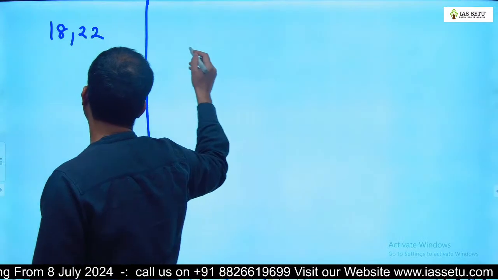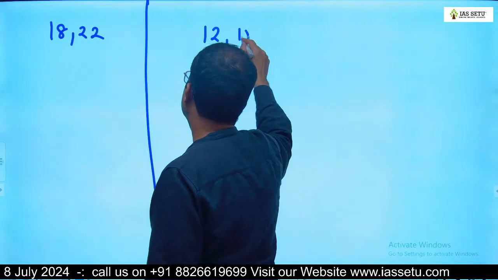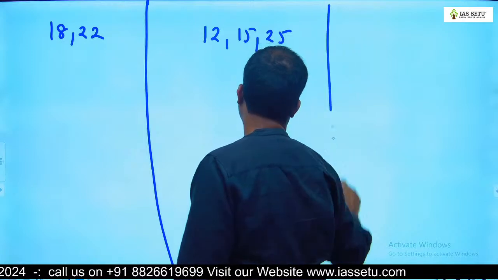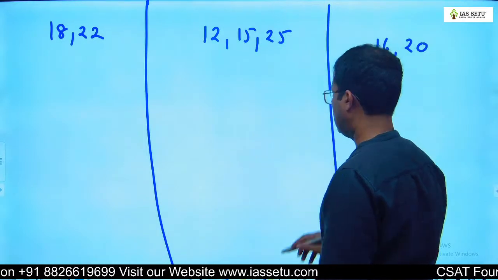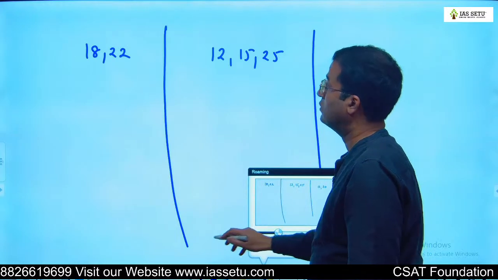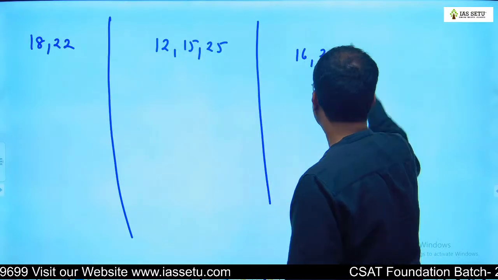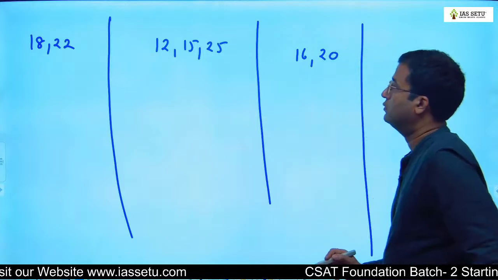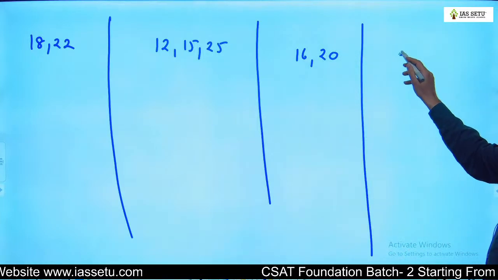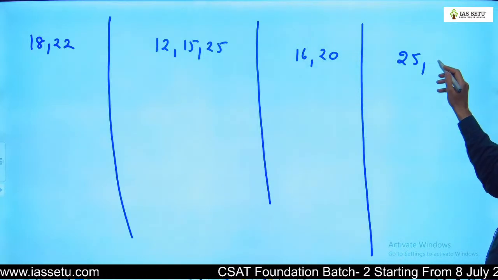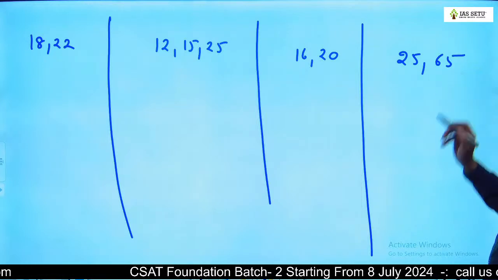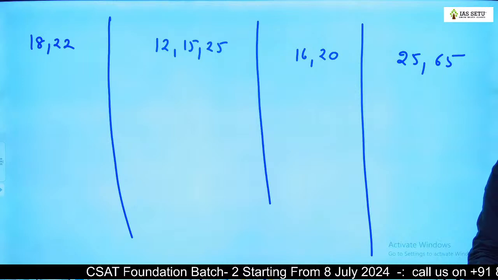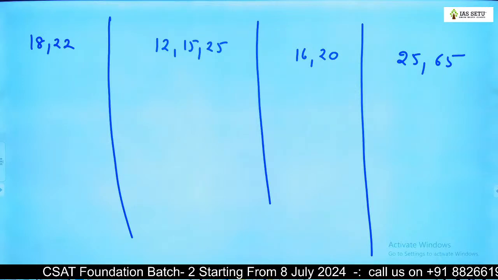Okay, take your time. Find HCF of the given. For example, 22, 12, 15, 25, 20.